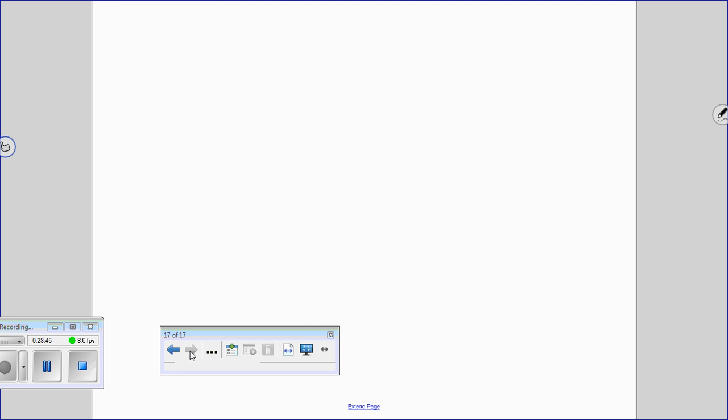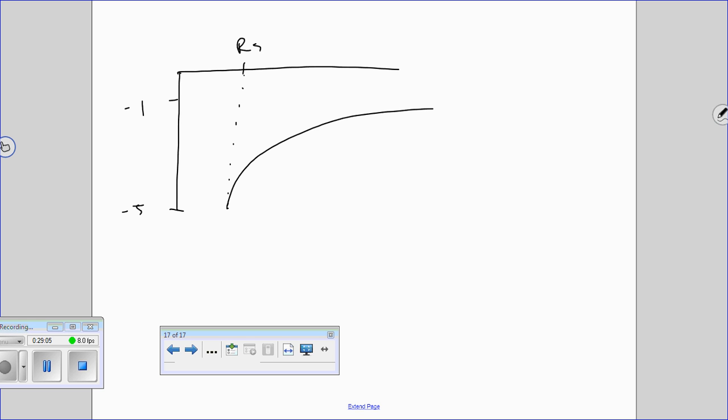Okay, so we've got a graph that looks something like this. We're given Rs as an asymptote, and this goes down to -5, and -1 is up here. It says the graph in 29 gives us the potential energy, U, as a function of R, of a projectile plotted outward from the surface of a planet of radius RS.